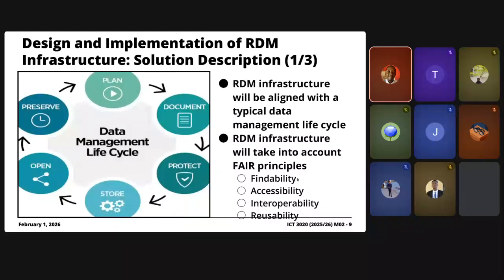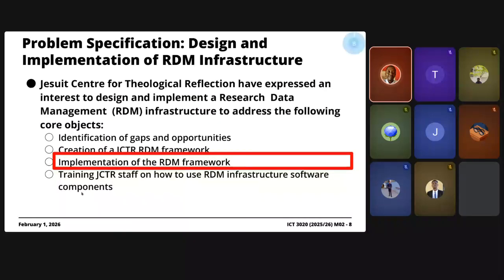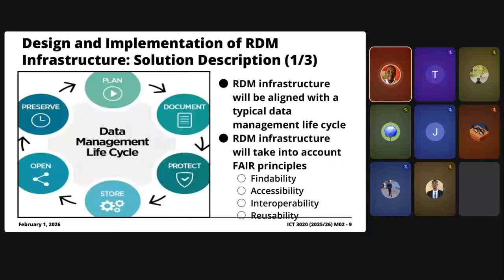FAIR is an acronym: the F stands for findability, so whoever would be interested in finding information should easily search for whatever they're looking for. It should easily be accessible as and when required, it should be interoperable, and it should be reusable as well, right? So whatever we were expected to implement was supposed to be aligned with the FAIR principles, okay?